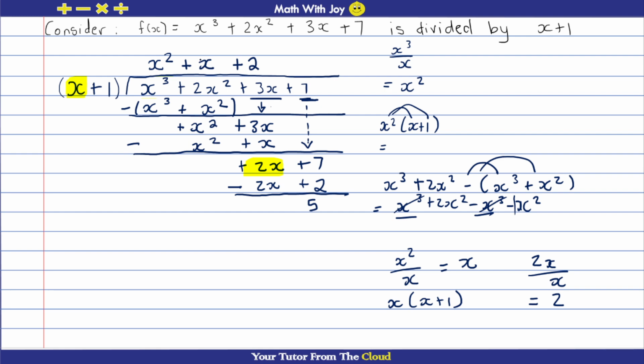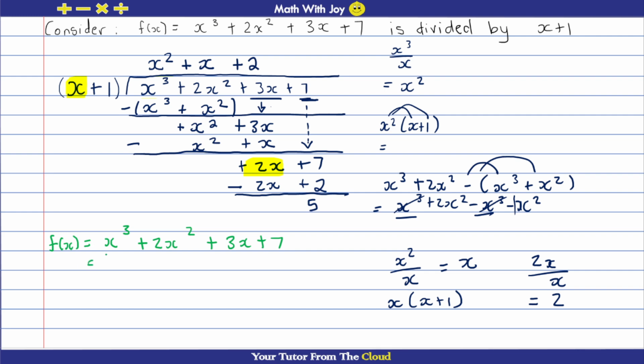So what this says is that when this polynomial is divided by this polynomial, we get this with a remainder of 5. Okay, so let's write down our answer very nicely here. We're going to say that f of x equals x to the power of 3 plus 2x to the power of 2 plus 3x plus 7.